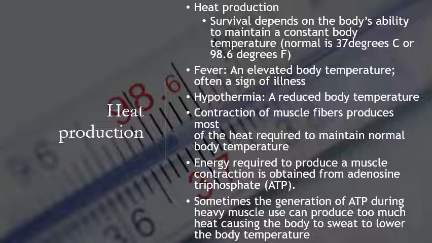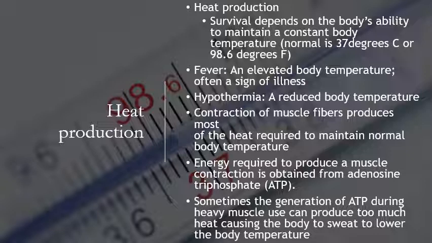Every year I lived in Wisconsin, there was somebody in Milwaukee that died of hypothermia because they didn't have heat in their house. So the body tries to keep that heat there, but if the environment continues to take off that heat, then the body goes into hypothermia and can and will die.